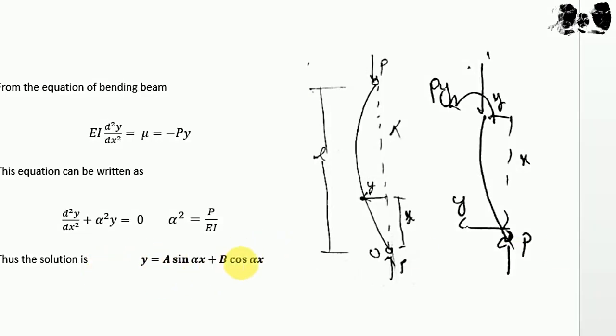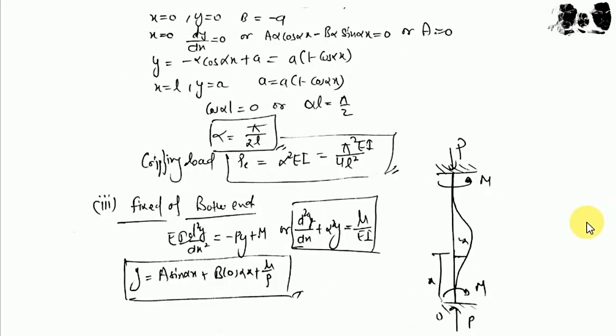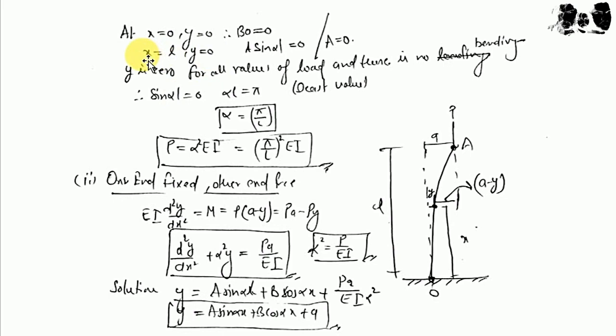In this equation, if we put x is equal to 0, then sin alpha x becomes 0, so a sin alpha x becomes 0, and y is already 0, and with cos alpha x we can easily say that b is going to be 0. Then in case x is equal to L, y is also 0, then we have a sin alpha L is equal to 0, because b is already 0 from the first condition, so we already put that in.